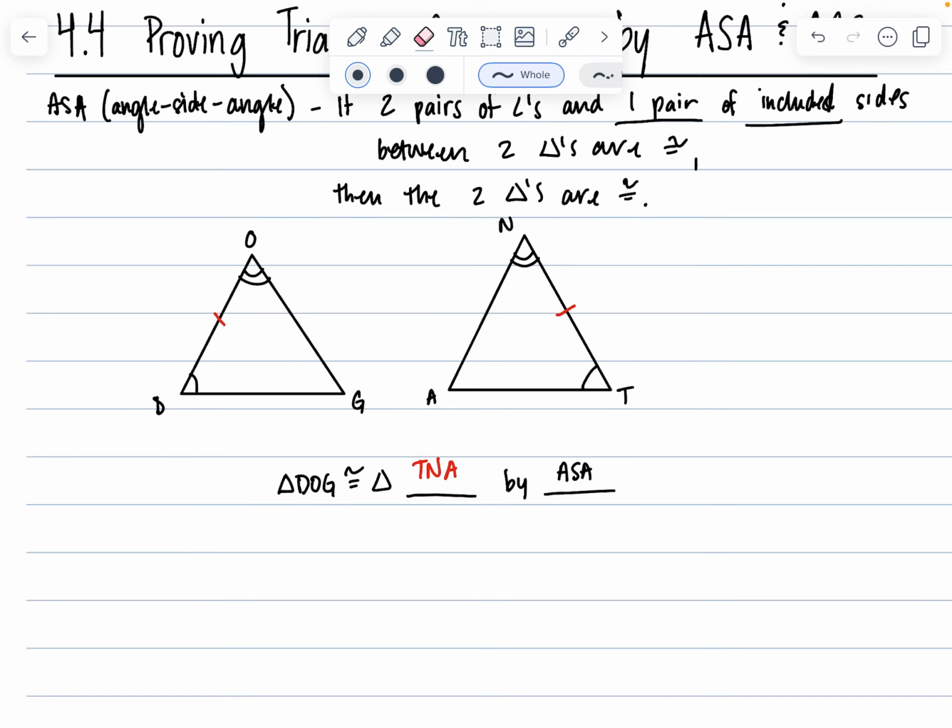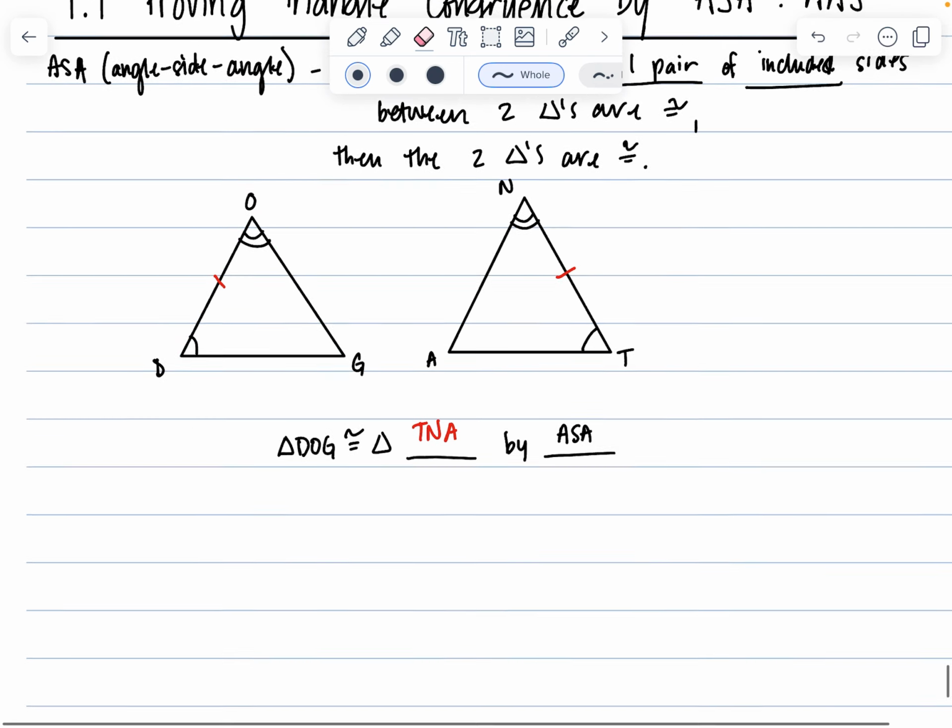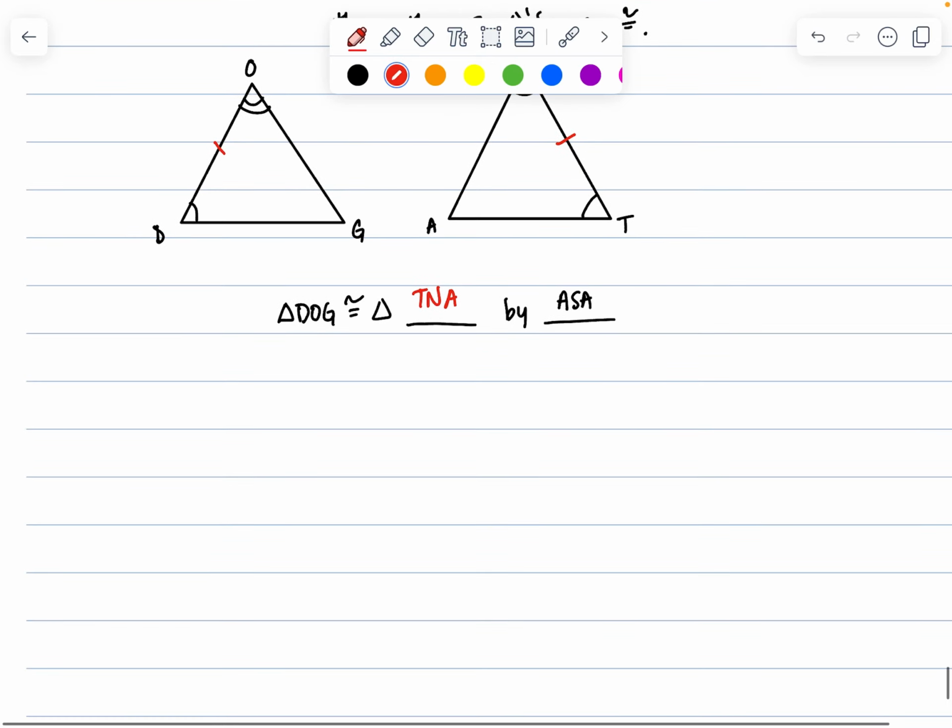Now, there's the other one, angle angle side, our fourth way to prove triangles are congruent. So we could go with AAS, also known as angle angle side.